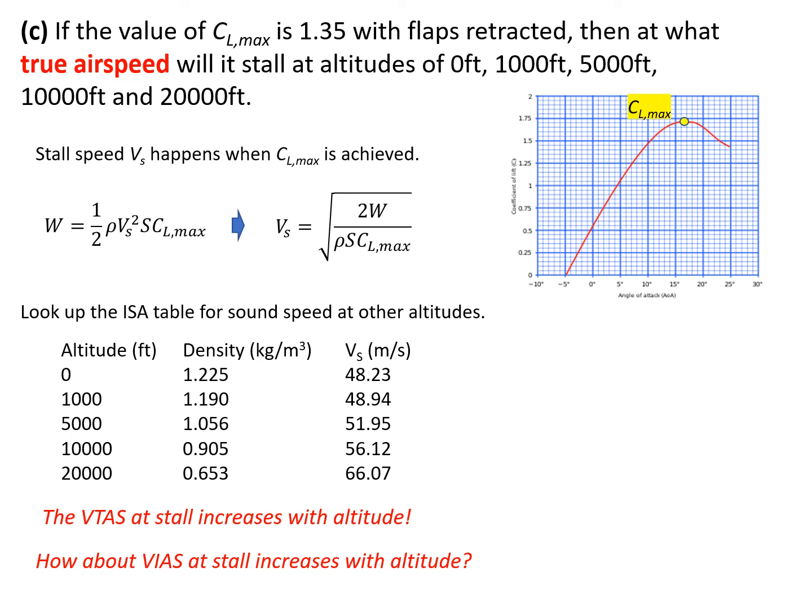The answer is it will remain constant, because to calculate the indicated airspeed, we need to use rho zero, the density at sea level. Because in the square root everything is a constant, the stall speed in indicated airspeed is a constant. This is what we need to remember.